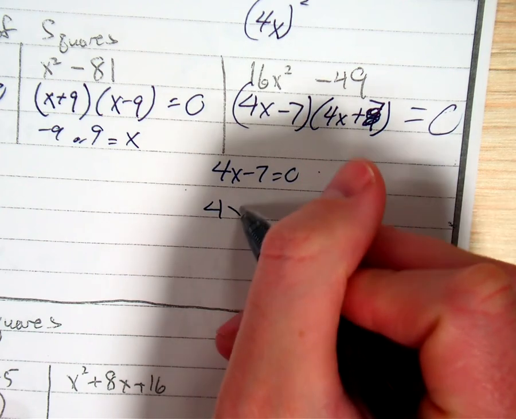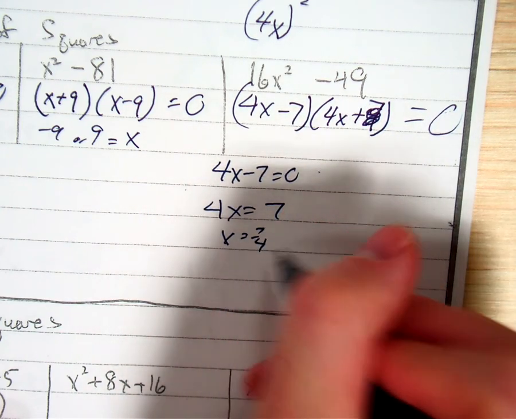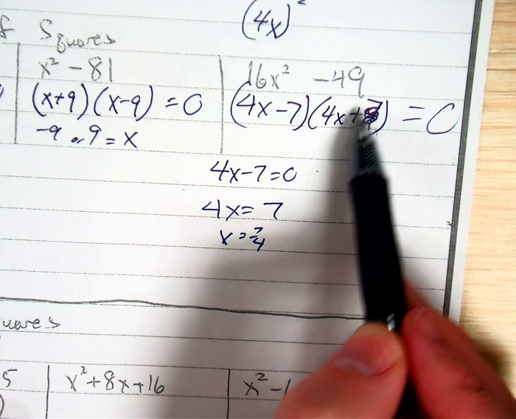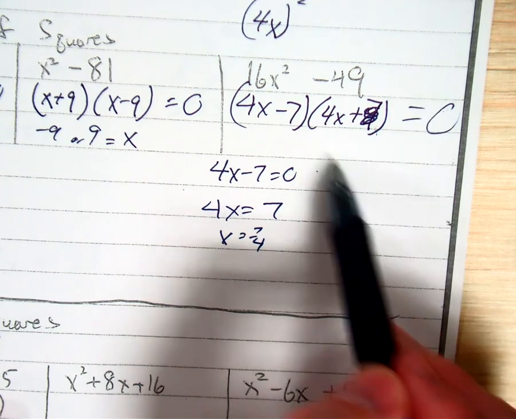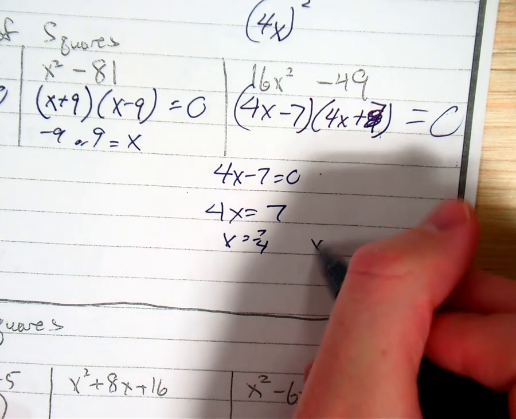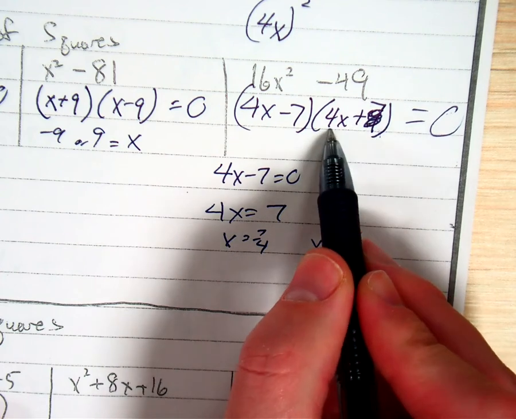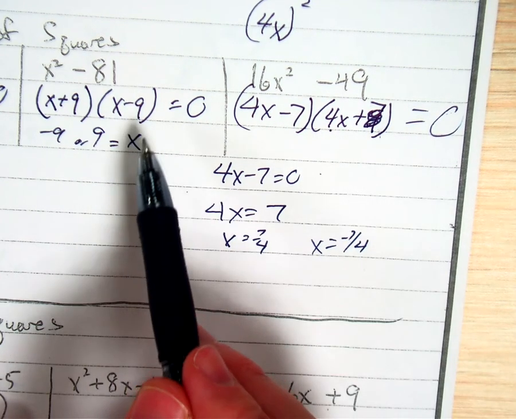It was minus 7, you're going to plus 7. And you're going to divide by 4. For this one, you would have subtracted 7, done the opposite, and divided by 4. And you'll follow that same pattern the rest of the way for all of those types of problems. It's always opposite of the back divided by the front.